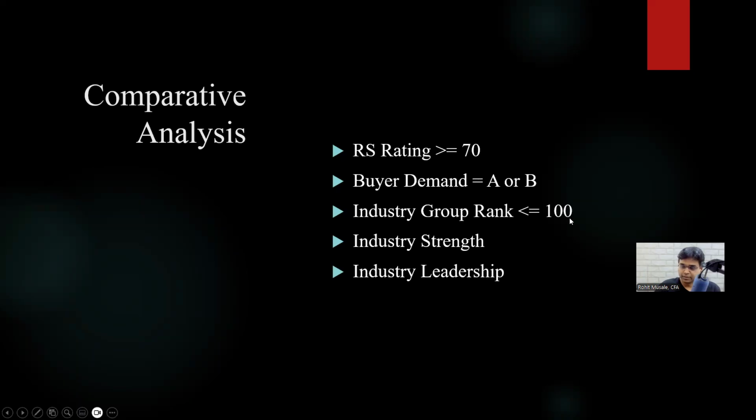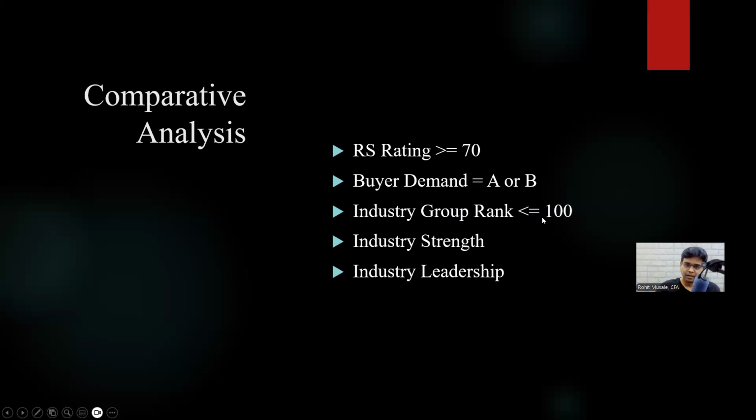Industry group rank, as long as it is less than or equal to 40, it's considered very strong. Beyond 40 and less than 100, I would consider that as strong. So there is strong and very strong. That is how I differentiate between two stocks that fit all of this criteria. I get to know which one I should focus more on.